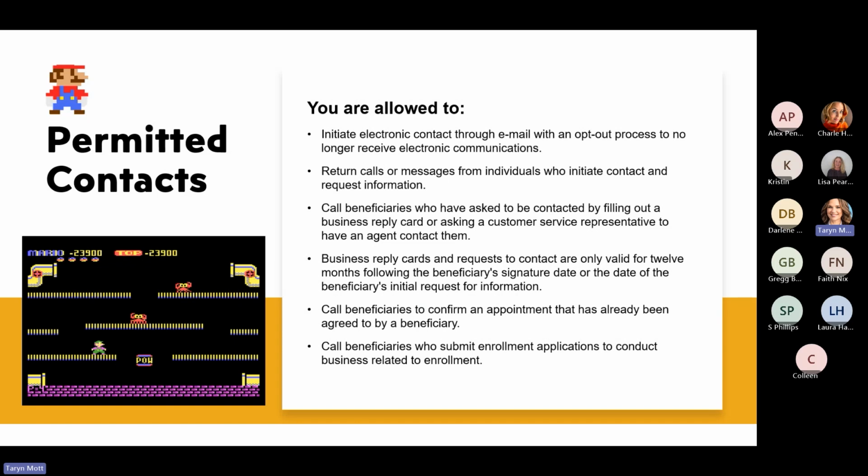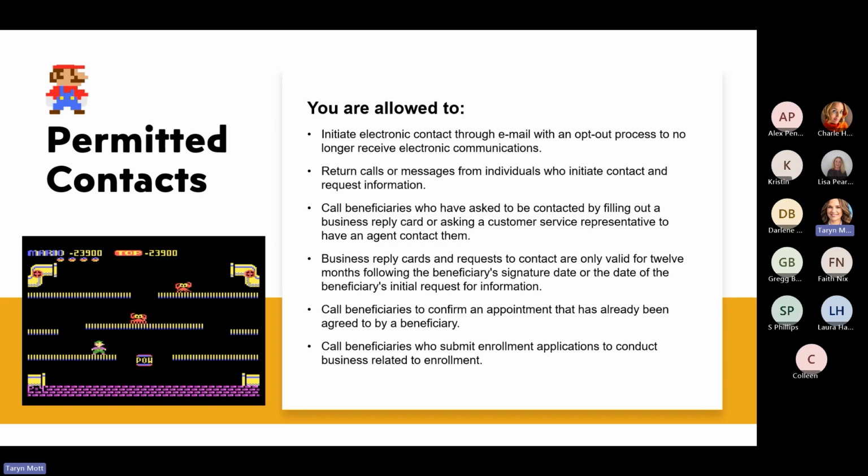Permitted contacts. You are allowed to initiate electronic contact through email with an opt-out process to no longer receive electronic communications. So there has to be that mechanism. If you are going to reach out to people via email, make sure you have an opt-out option. Return calls or messages from individuals who initiate contact and request information.